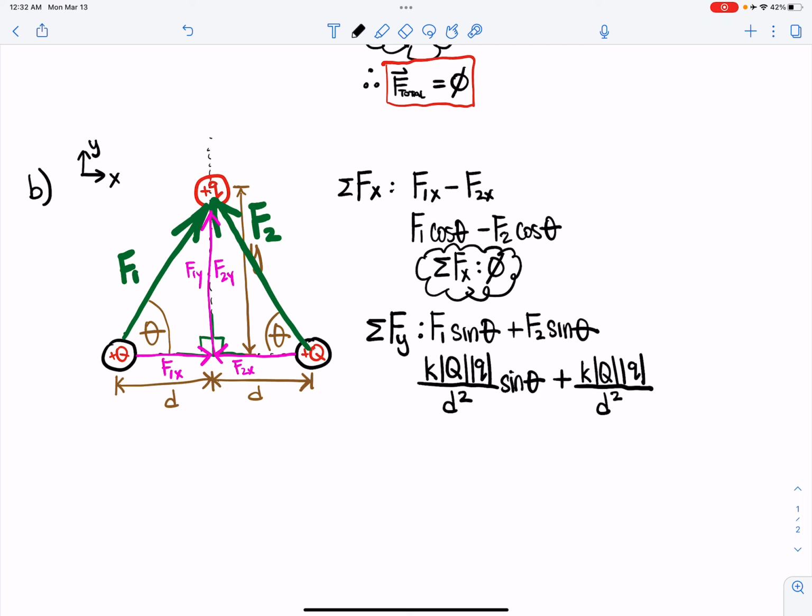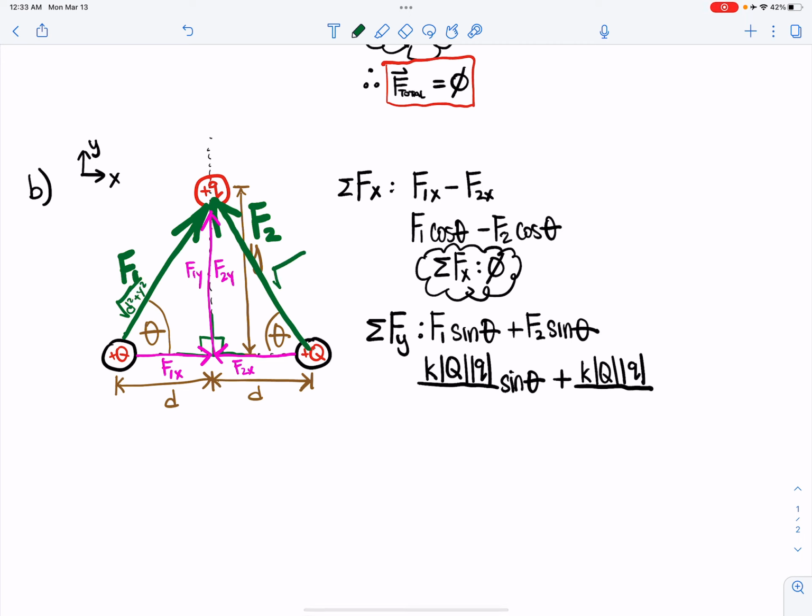No. This time, the distance between the charges is no longer d. Actually, this time the distance between charges is the hypotenuse of d and y, so the distance now is going to be the square root of d squared plus y squared, right?